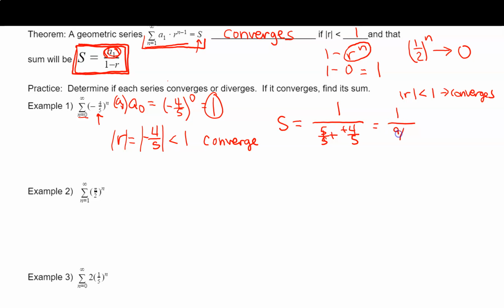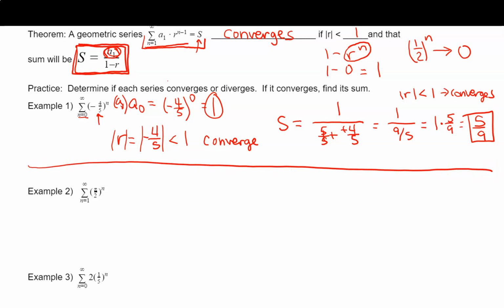So this is 1 over 9/5. So keep, change, flip. 5/9 will be our sum. And by the way, it makes sense here because this is a negative number. Every time n is odd, we get negative, and every time it's even, we get positive. So we're going to be alternating signs, so it makes sense that we're going to get a relatively small value.